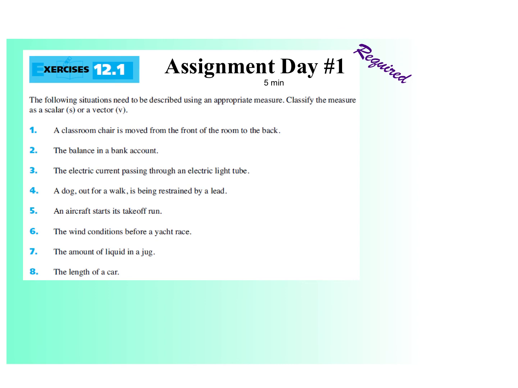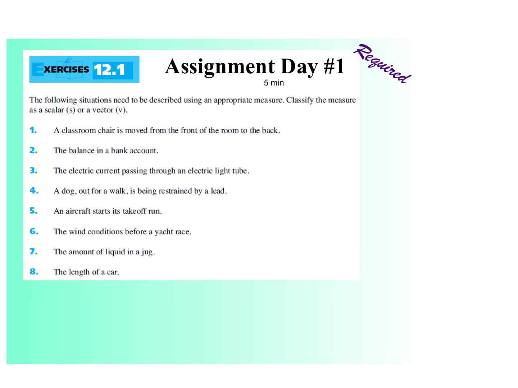And all this part here is classify it as a scalar or a vector. Let's do the first one. A classroom chair is moved from the front to the back. Does that have a direction? Yeah.